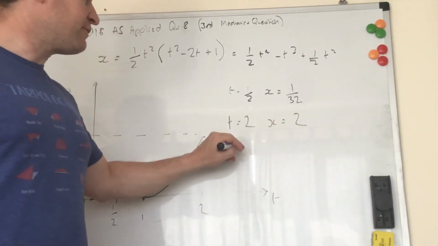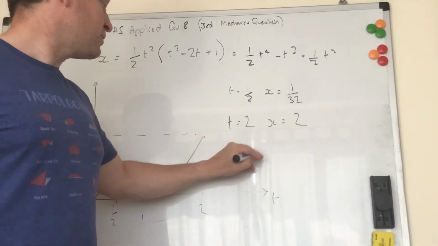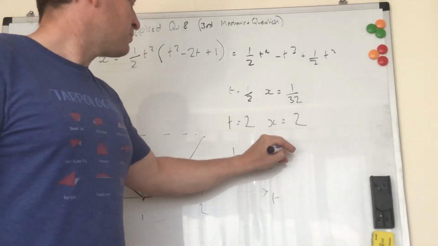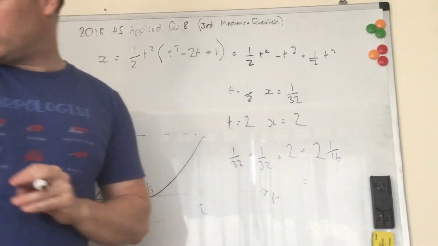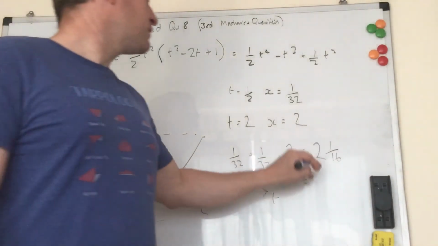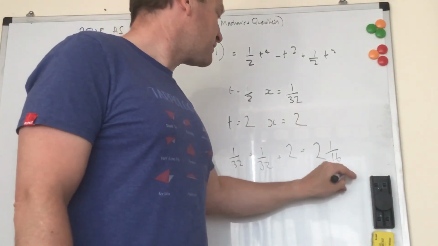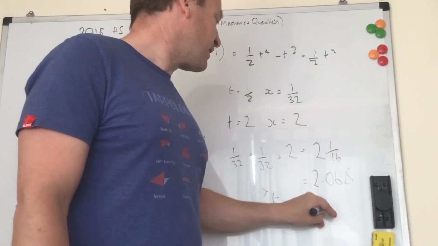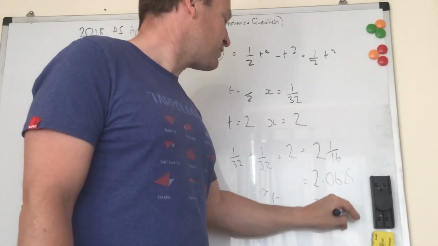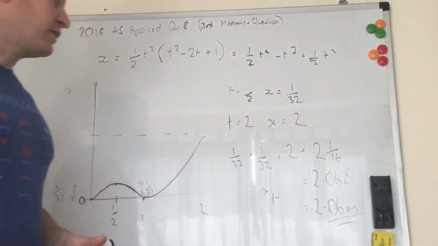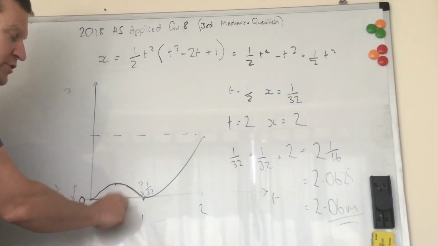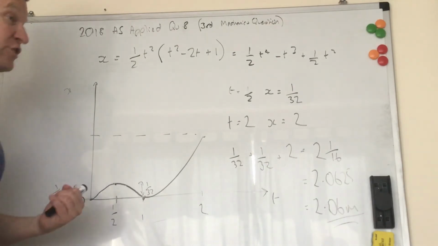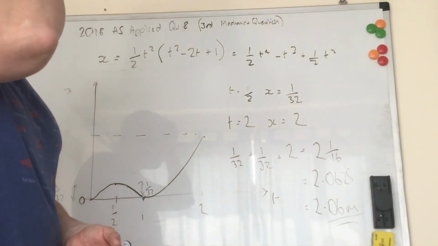So we need to add together 1 over 32 plus 1 over 32 plus 2, which gives us 2 and 1/16, which if you turn into a decimal and round it, 2.0625. The mark scheme gave answers which rounded to 2.06 metres. A lot of people got 2.03 because they didn't add on that 1 over 32 going back down again. It's not an easy question, that one, to get your head round.